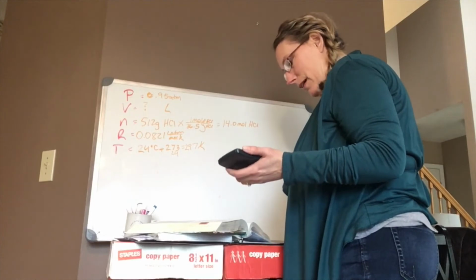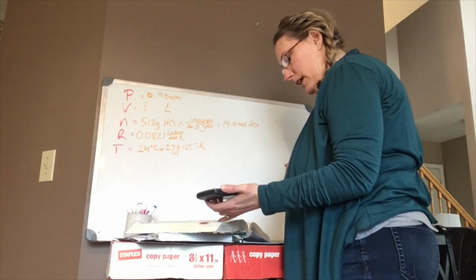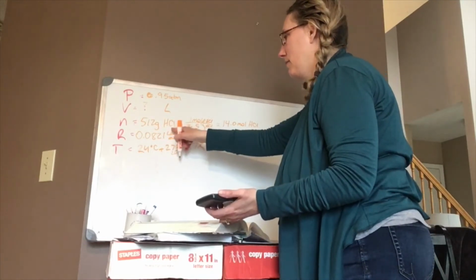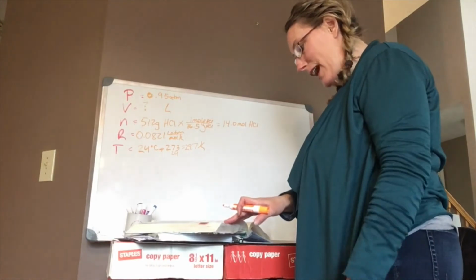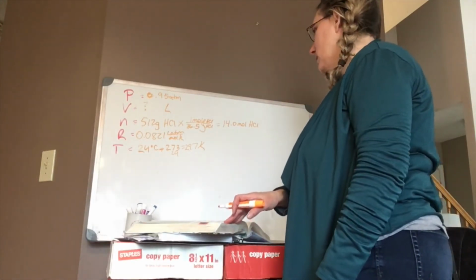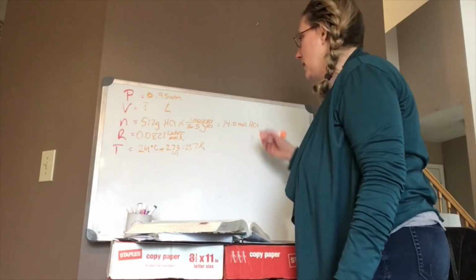So here's my problem. That told me how many moles of HCl I have, but I want to know in the end what volume of hydrogen gas will be produced. Well, darn, that's not hydrogen gas. So I have to look at my balanced equation.